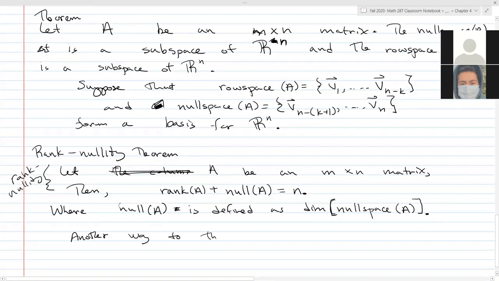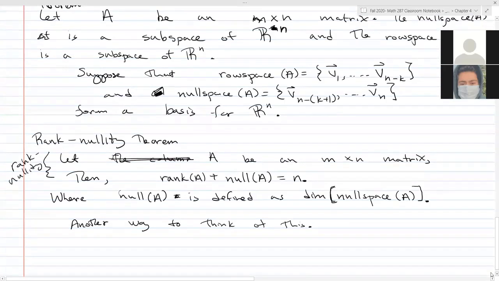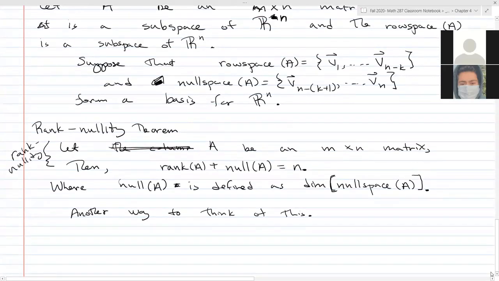Another way to think of this is something along these lines. The rank of A is the number of non-zero rows in A, plus, okay, the dimension of the null space of A is going to be the number of free variables in AX equals 0.